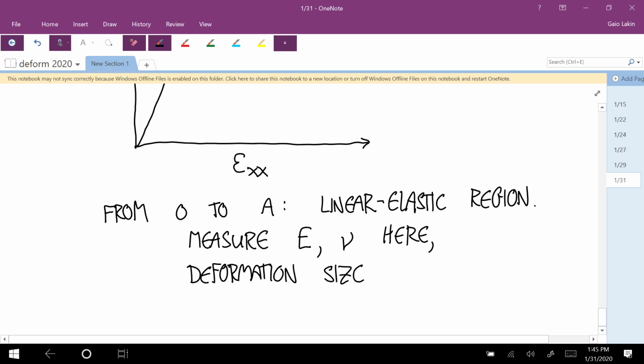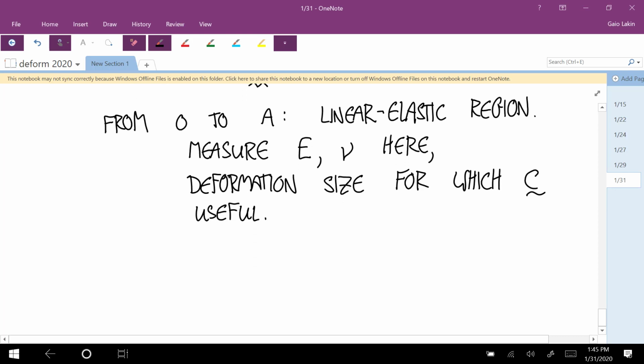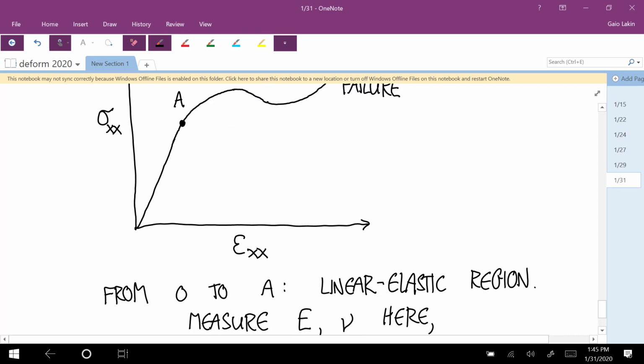So you can think of that as representing the size of deformation for which the compliance matrix is useful. After A, it tends to be right about at that point A where two different things happen.